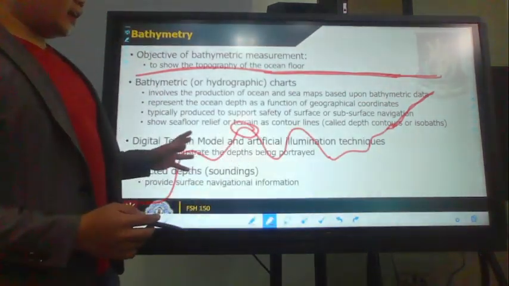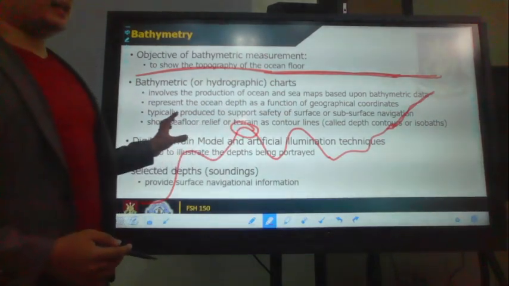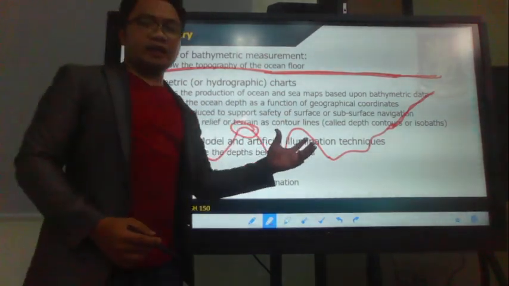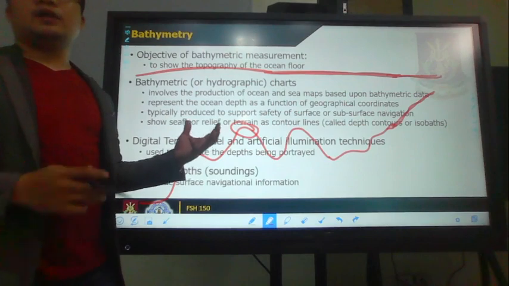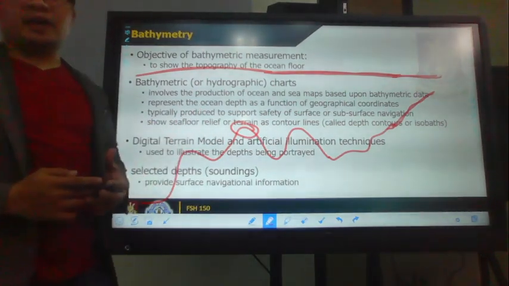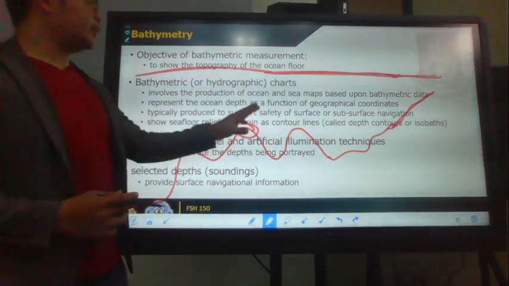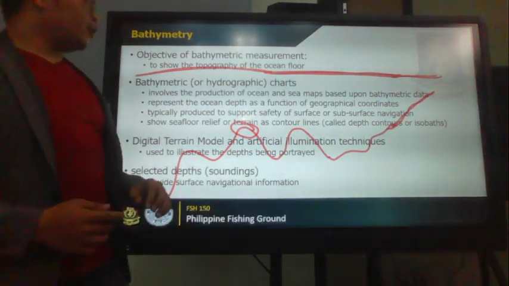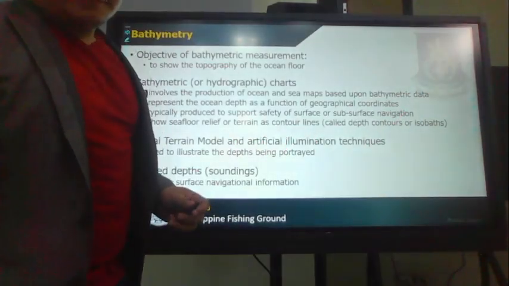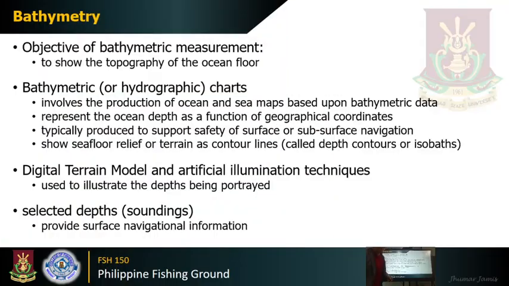So there are variations of color coding according to the depth of a certain body of water. So ito yung contour natin na tinatawag. Basically, ang contour is just the topography. Ito yung tinatawag natin topography. Ang objective kasi ng bathymetry is to show the topography of the ocean floor or a freshwater body.